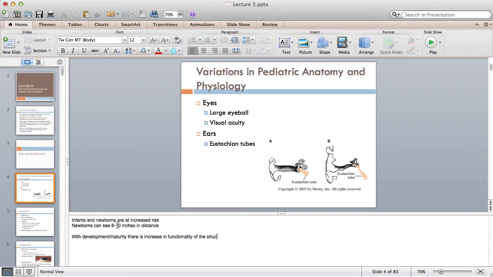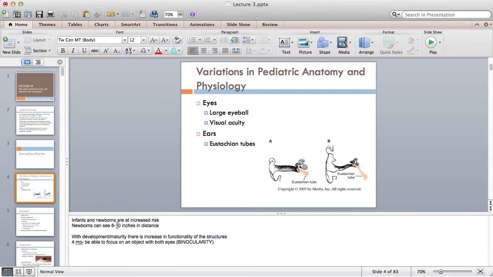By the time the child is approximately 4 months, they should be able to focus on an object with their 2 eyes, and that is called binocularity. Prior to that, they can only focus with 1.